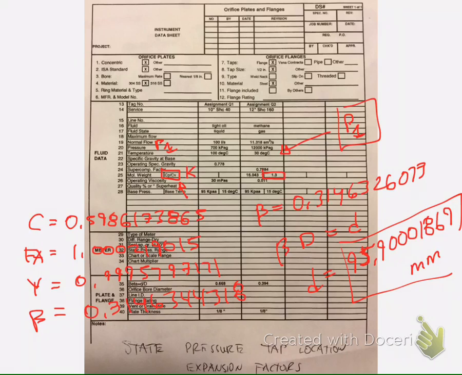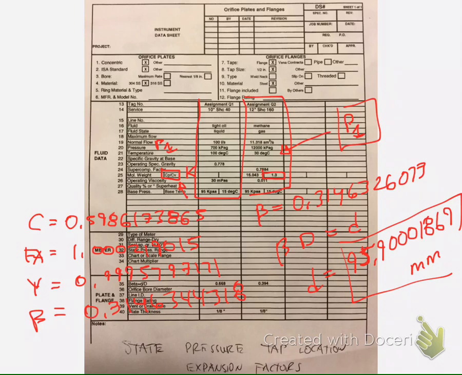So we want to pick something close to that for our orifice plate, obviously. And yeah, so that gives us two examples here, the liquid and the gas example there.